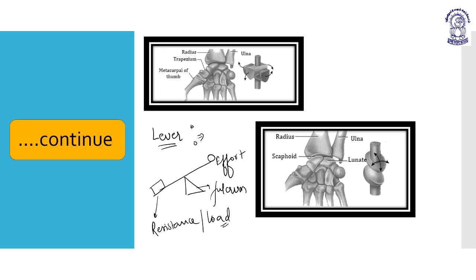The class 1 lever is one in which the fulcrum is in the middle, between effort and load. Example: nodding of the head.